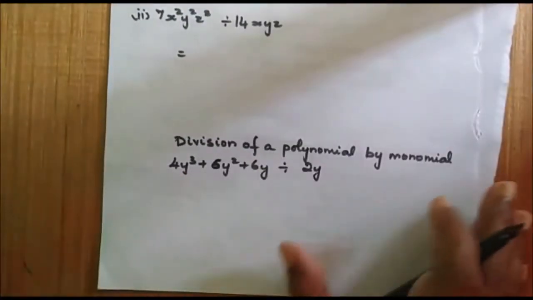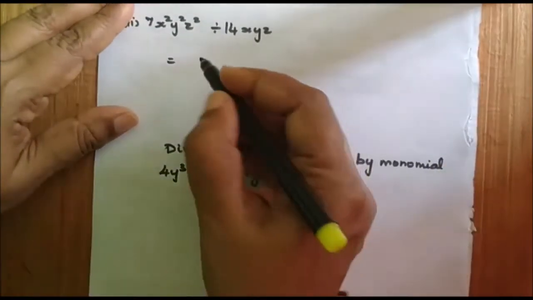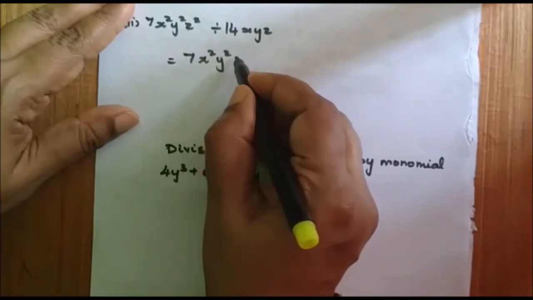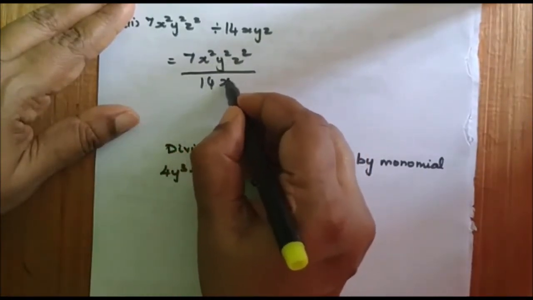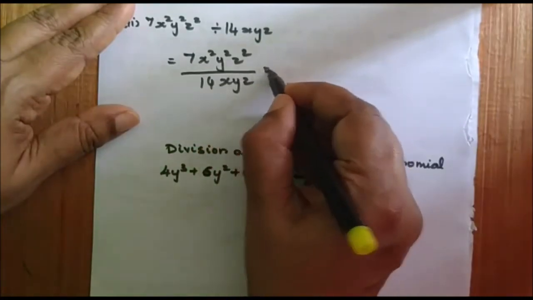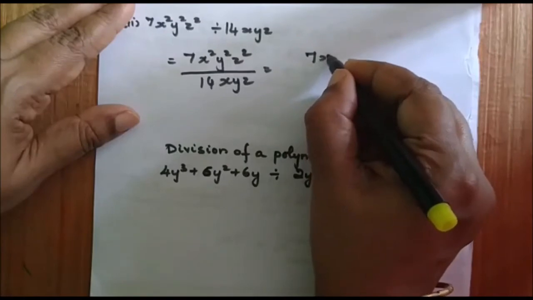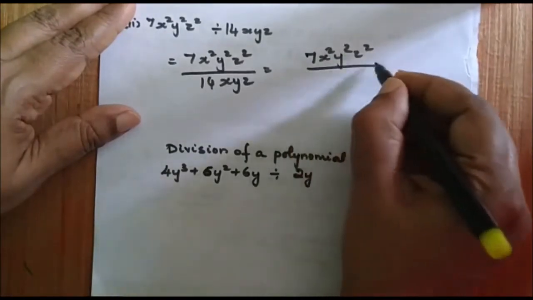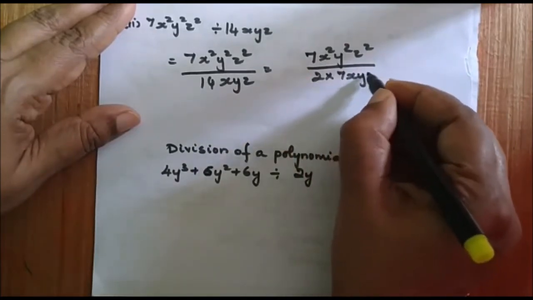Okay. Now let us do another problem, that is 7x squared y squared z squared divided by 14xyz. This can be written as 7 into x squared y squared z squared divided by 2 into 7xyz.